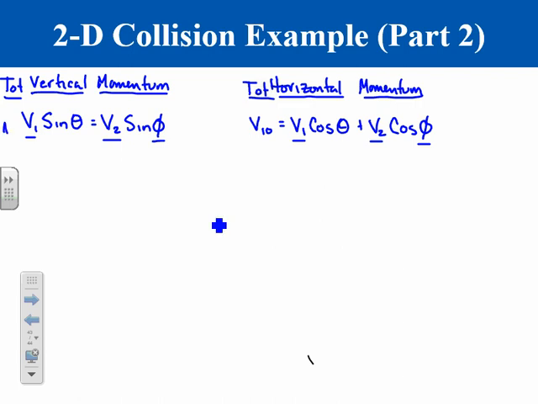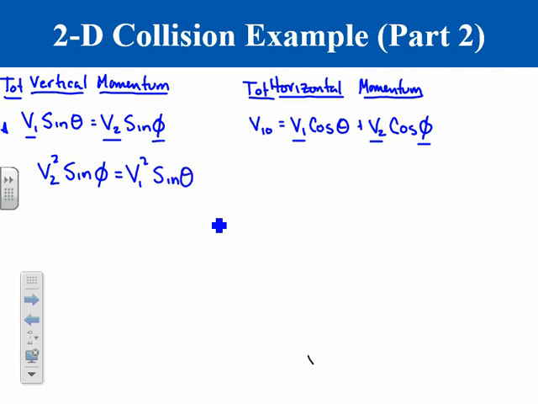We'll start over here on the left side, and we'll square both sides of our vertical momentum equation. And when I do that, I get v2 squared times sine squared of psi is equal to v1 squared times sine squared of theta.